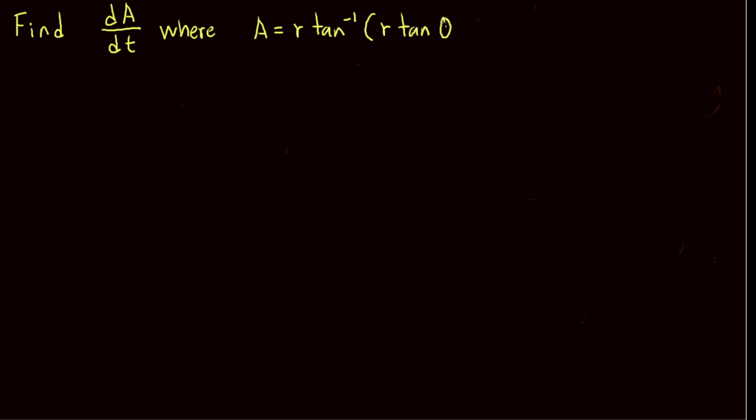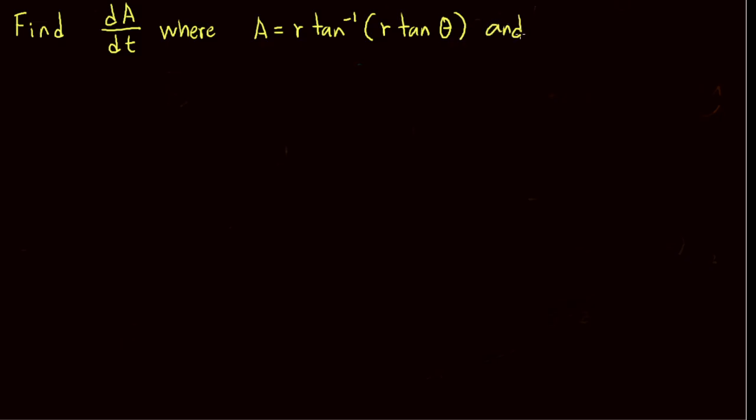So they gave us a question where we have to find dA over dt, where the area A is given as R tan inverse of R tan theta.